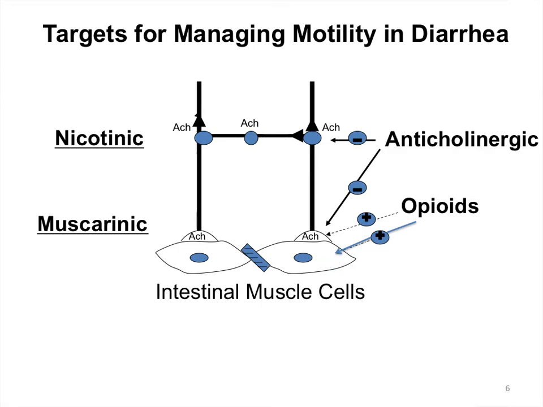So that's why they're such powerful agents for increasing segmentation, increasing the time it takes for water to be reabsorbed, and that's why antidiarrheal agents most commonly use an opioid.